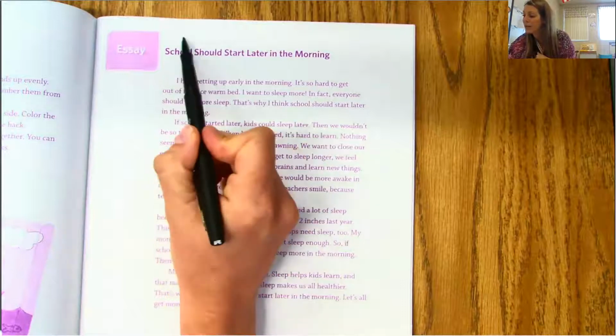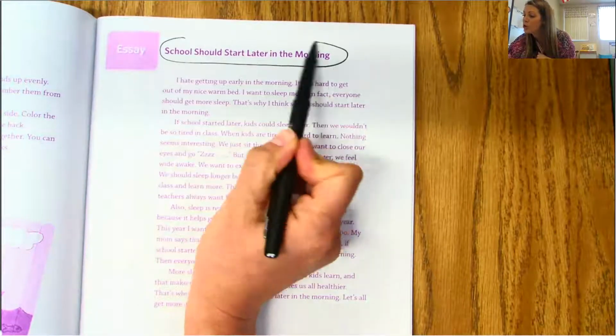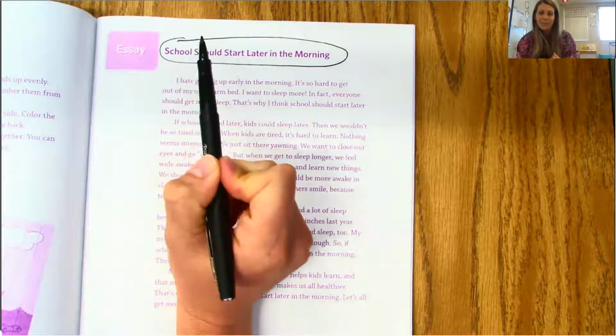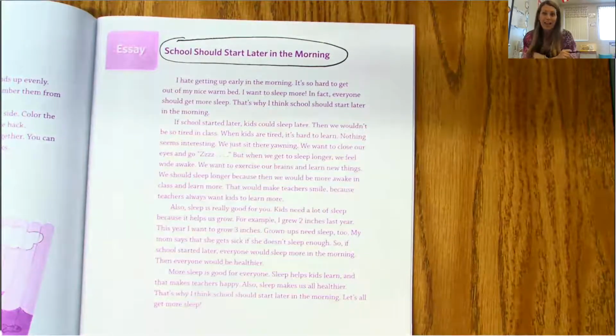And their opinion is school should start later in the morning. And right away, you might agree with that opinion. You might have the same opinion. Or you might say, no way, I like it early. You might have your reasons, okay?